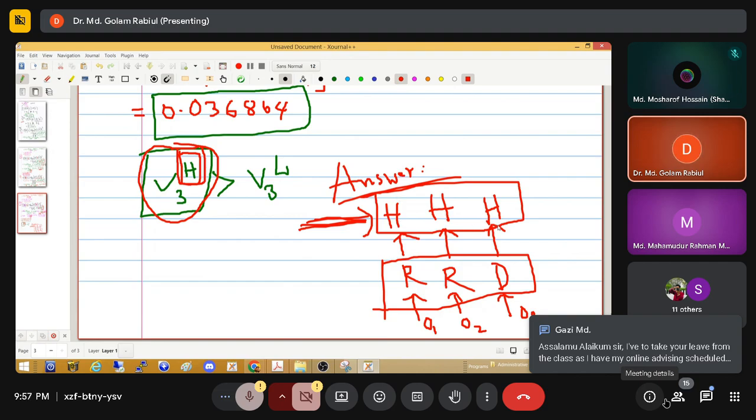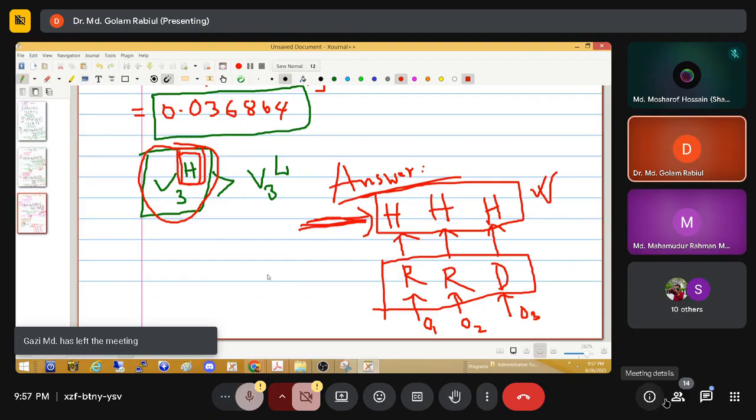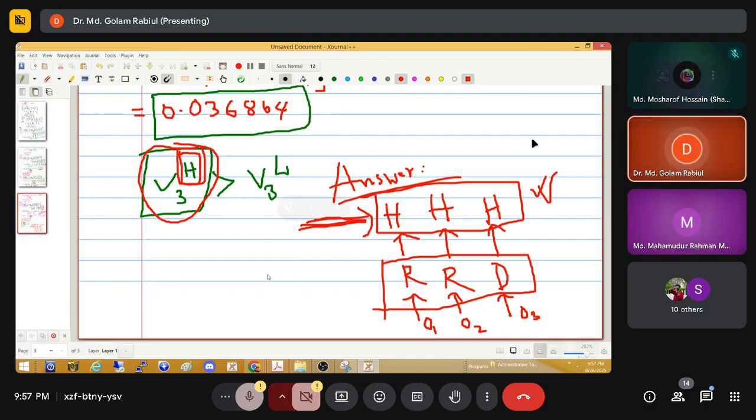High, high, and high. So this is the sequence. This is how the hidden Markov model can find the hidden state sequence if we know the observation sequence and model the problem using a hidden Markov model.